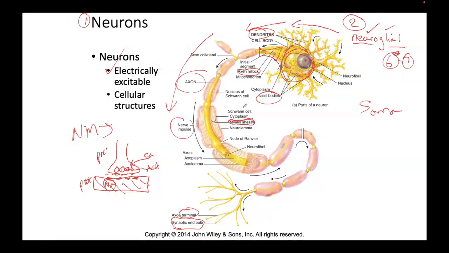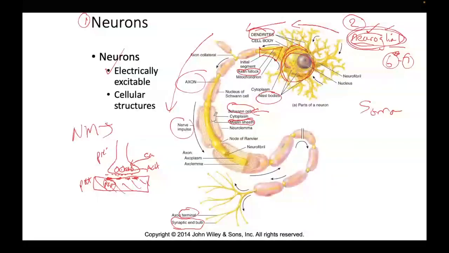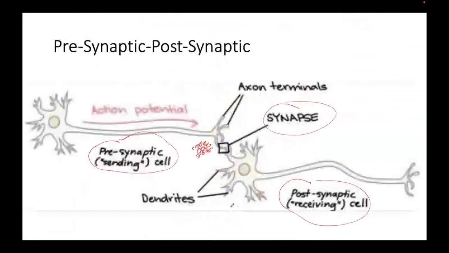The myelin sheath is produced by not a neuron, it's produced by a neuroglial cell, which is called a Schwann cell. This Schwann cell produces myelin. And what the myelin does is it speeds up the action potentials. It's an insulator. It insulates and speeds up the action potential so we get to the end super, super quick. Okay?